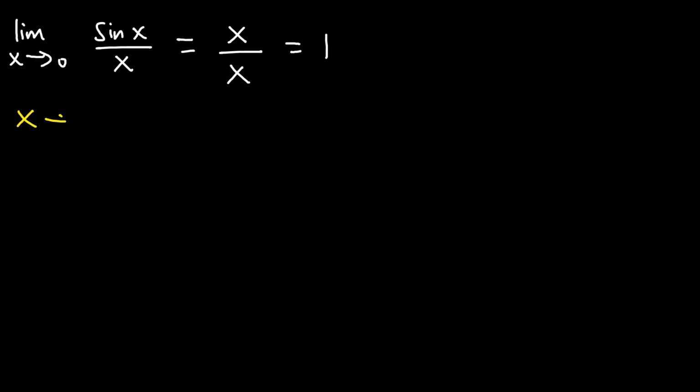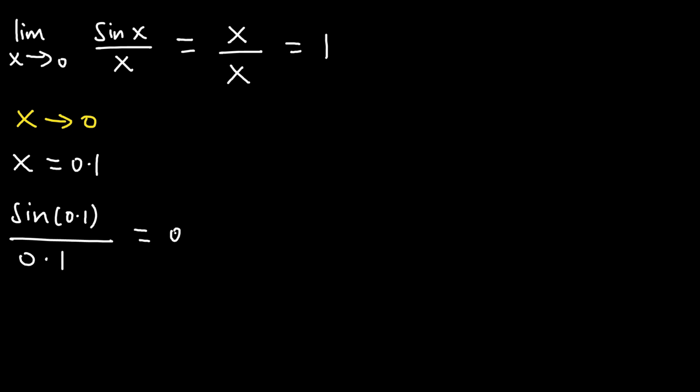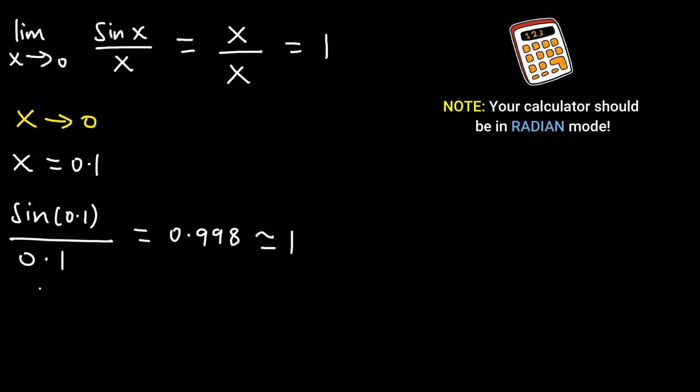We know that x is approaching 0, so we need to put in a number that is close to 0 into this function. Let's say we put in x equals 0.1, which is close to 0. In this case, we shall have the sine of 0.1 divided by 0.1, and this is equal to 0.998, which is close to 1.